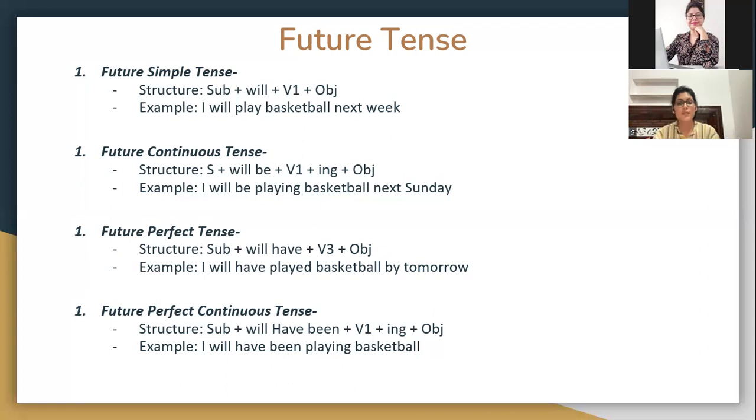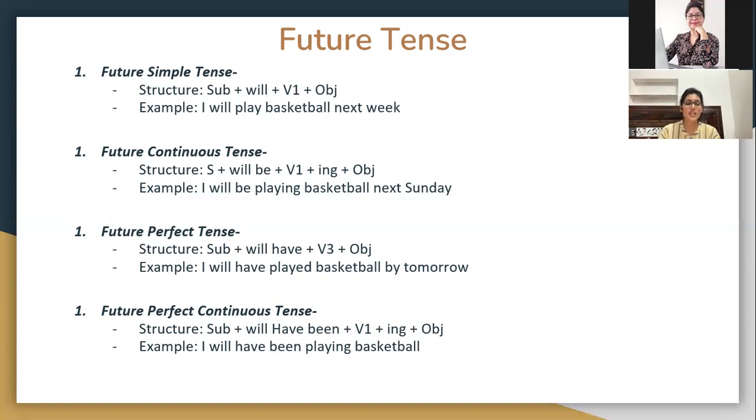The structure is subject plus will have been plus first form of main verb plus ing plus object. We use for or since also in future perfect continuous tense, for indefinite time or fixed time.